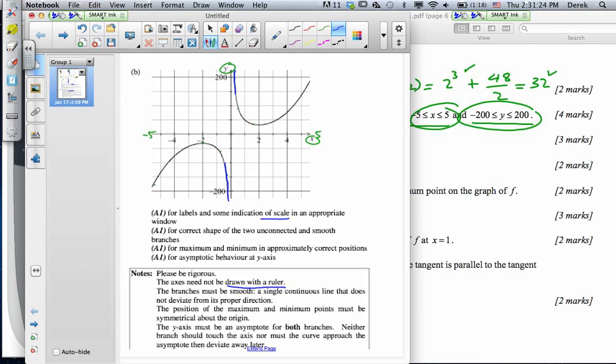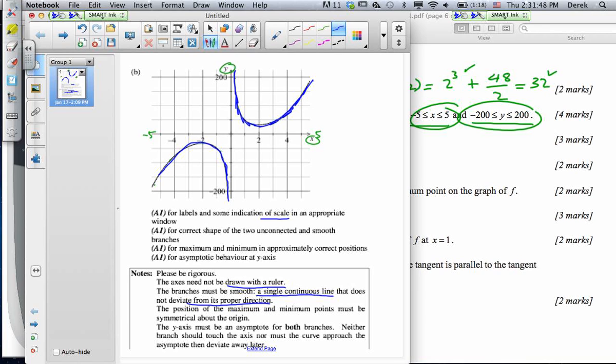When drawing the graphs, it says over here, must be smooth, a single continuous line that does not deviate from its proper direction. So you can't do something like this or something like that. You can't do a shaded line.